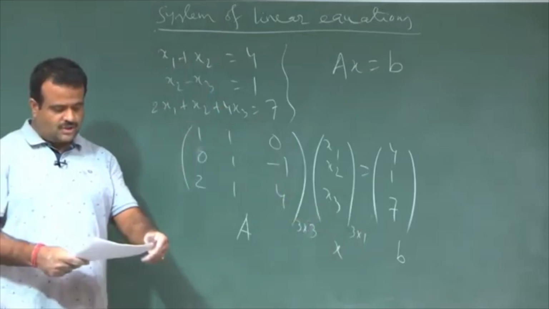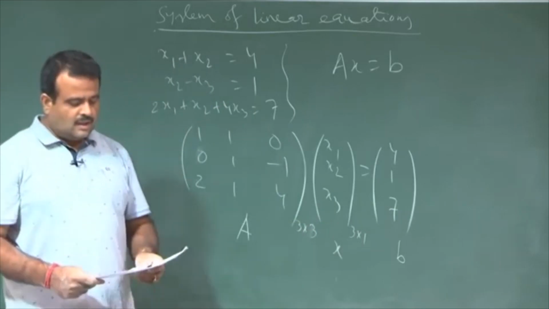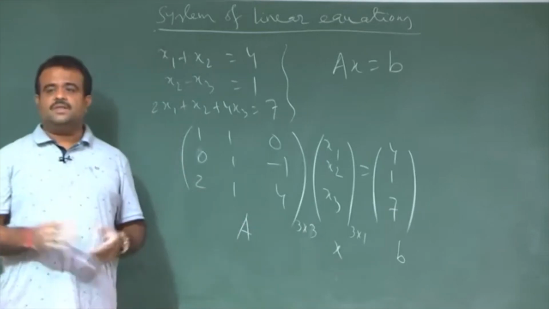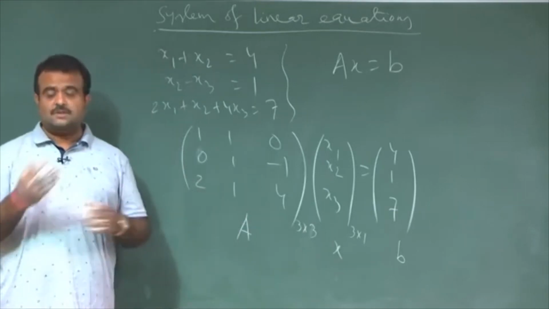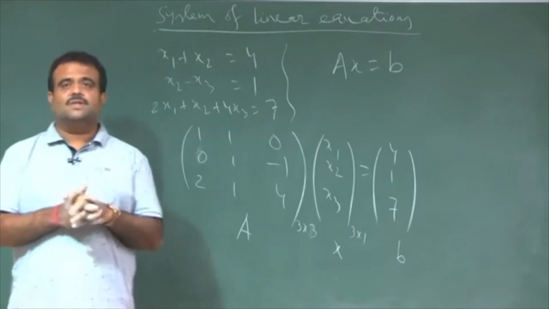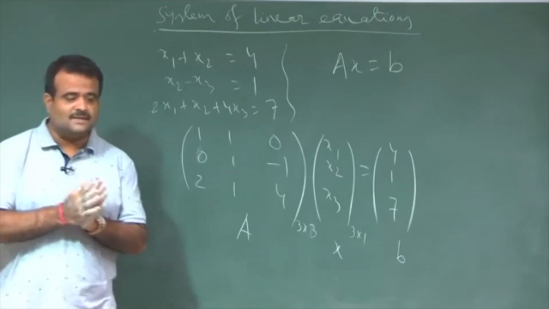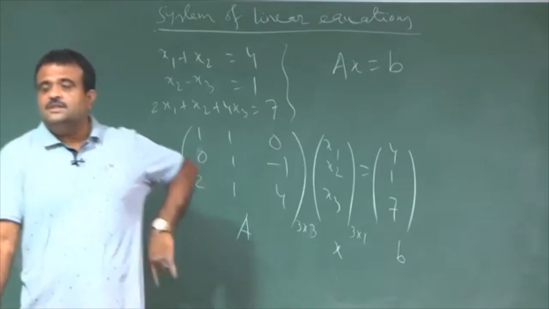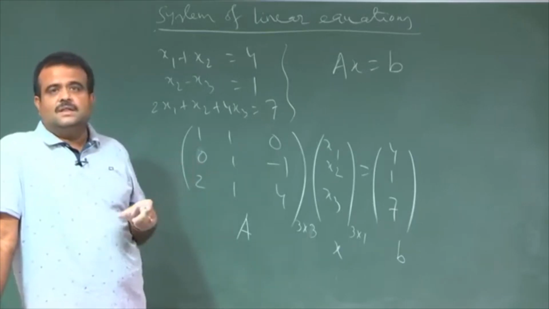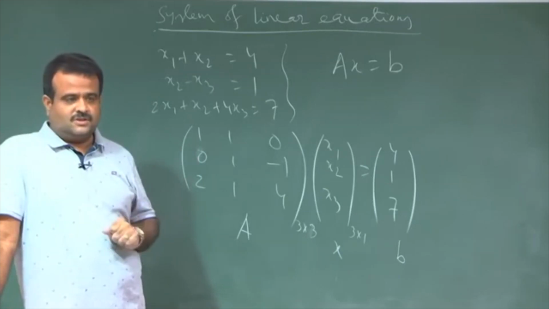Now the question is how we can solve this, how we can get the solution of this system, and whether the solution exists or not. All these questions we will discuss here. If the system has no solution, then it is called an inconsistent system. If there is a solution, then it is called a consistent system.